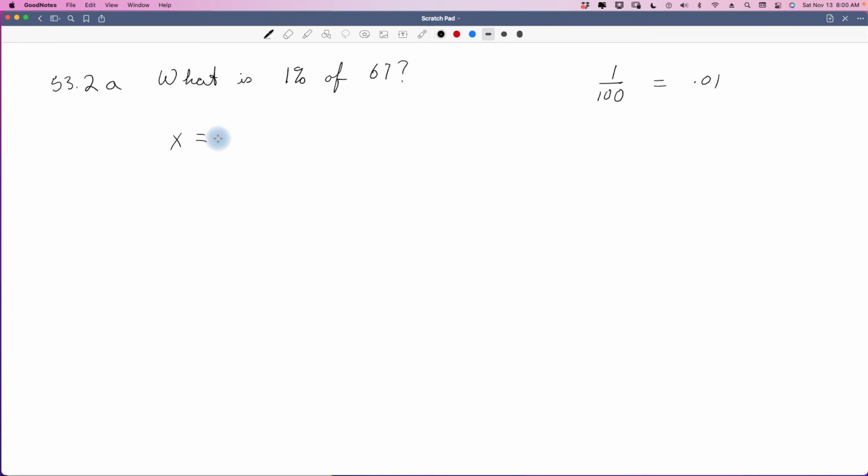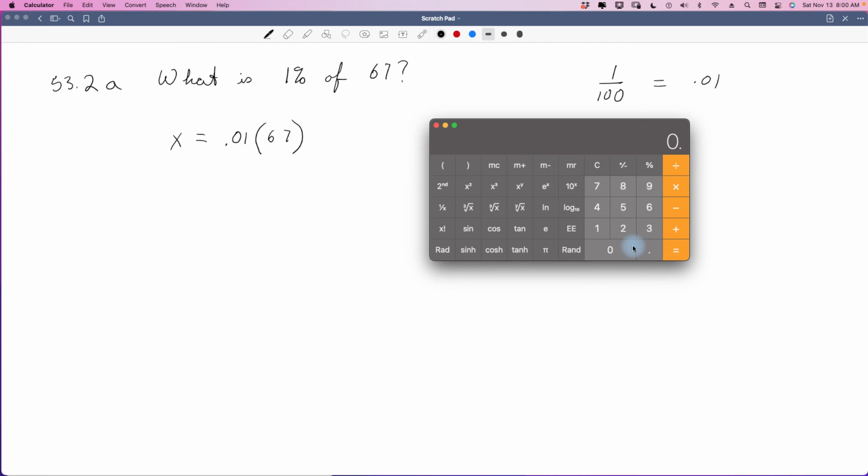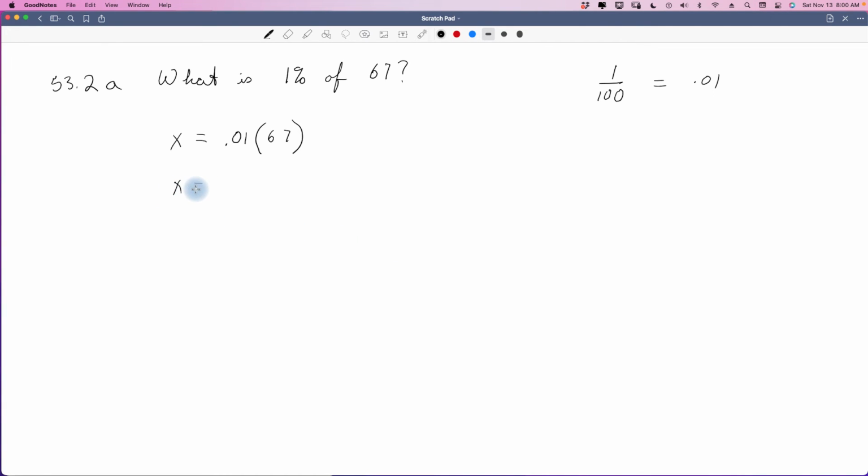We put in our decimal, and then let's use a parenthesis just because it's easier to write. And that's our problem. So now all we have to do is multiply. We pull up our calculator, we clear, we say 0.01 times 67 equals 0.67. X equals 0.67. Easy peasy. Y'all could do these in your sleep. I think you're going to get the hang of them pretty quick. You just have to think about what this is saying and what each part means.